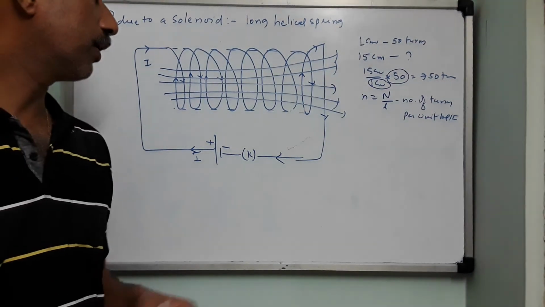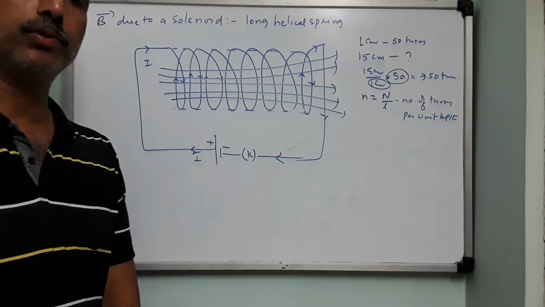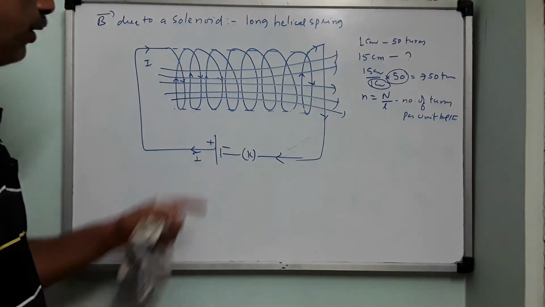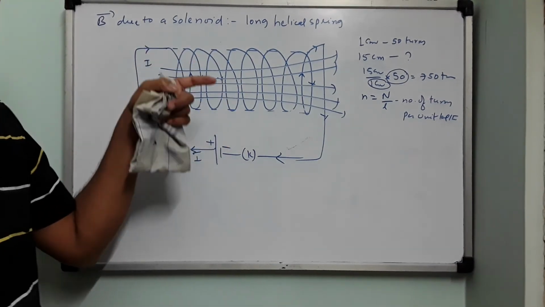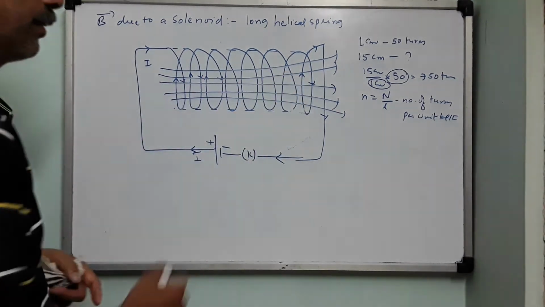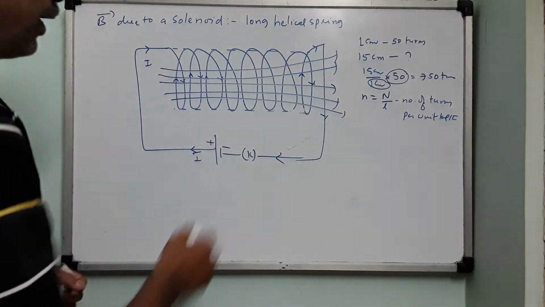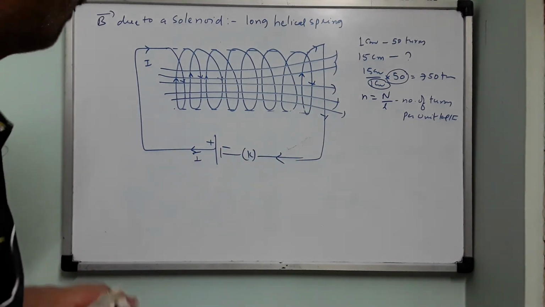Now we are very much interested in the magnitude of this magnetic field along the axis of the solenoid. Outside the solenoid the magnetic field will be 0, above and below, here and behind also. So you have the magnetic field only along the axis. To calculate the magnetic field along the axis of the solenoid, we use Ampere's circuital law.